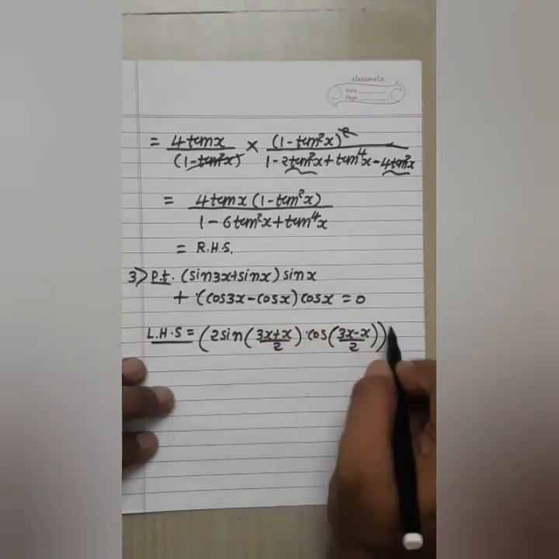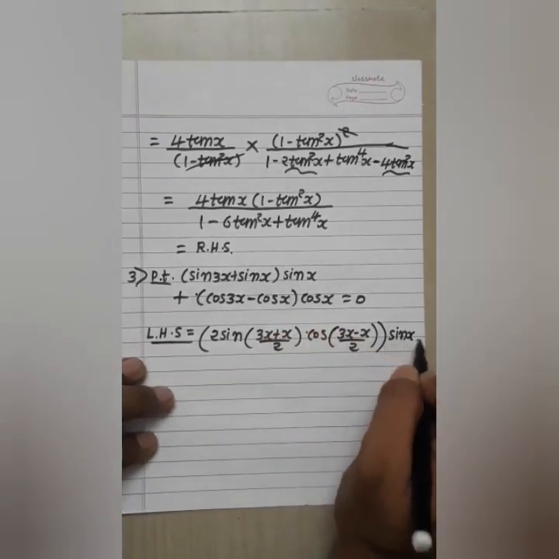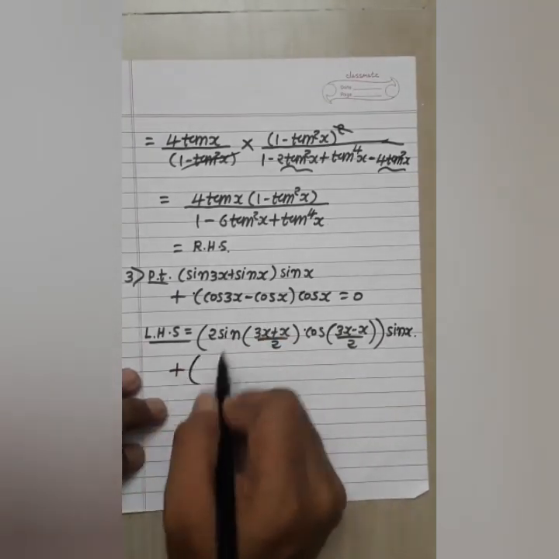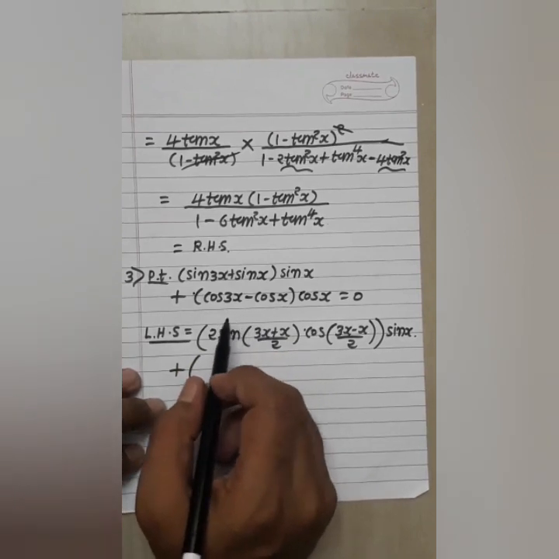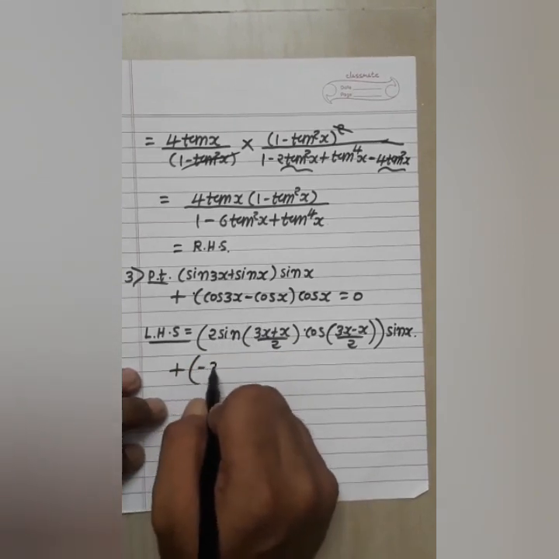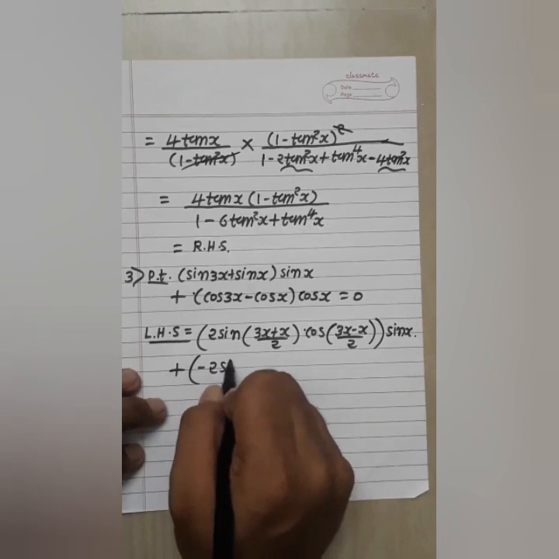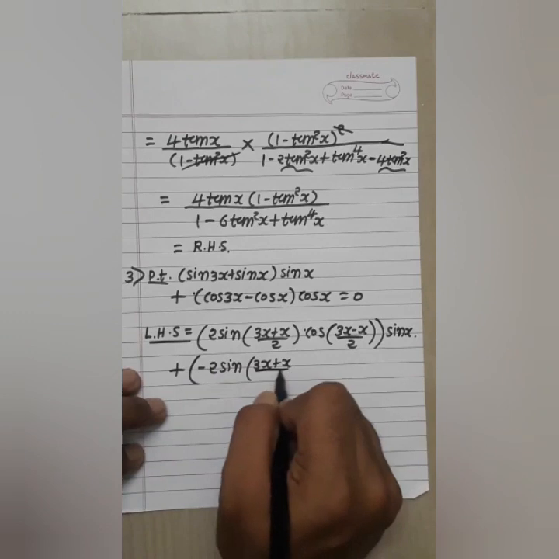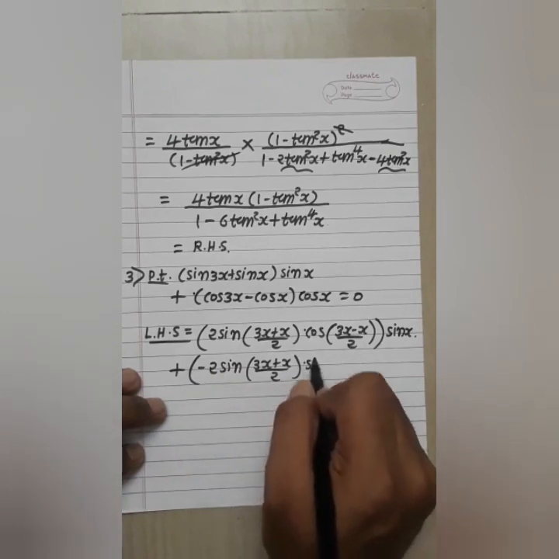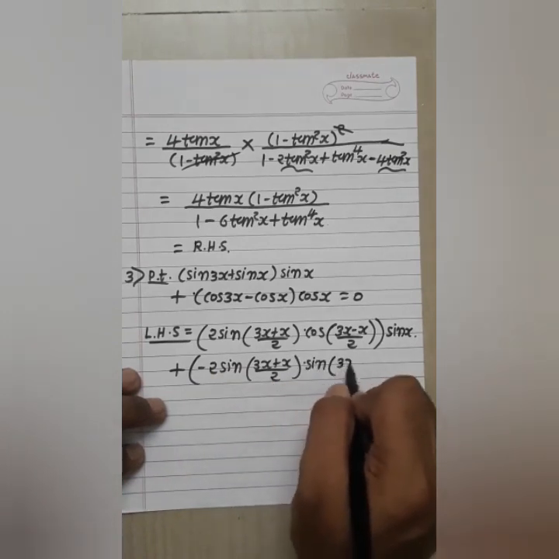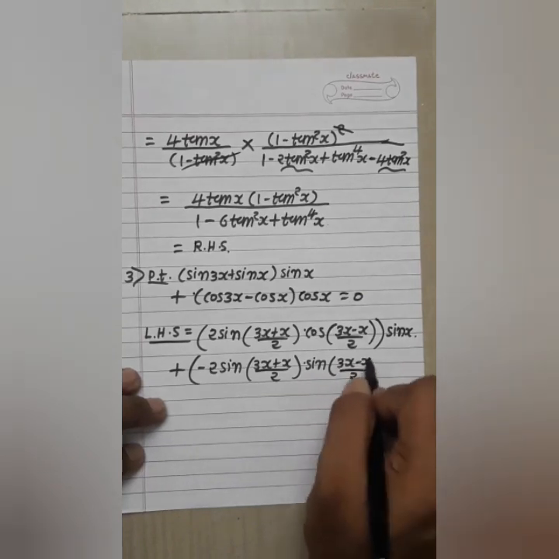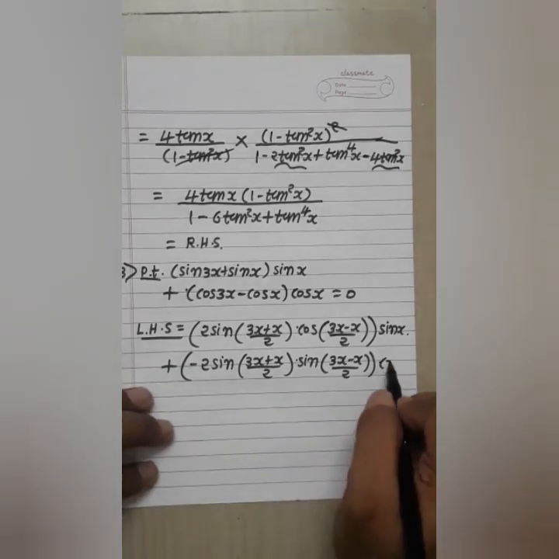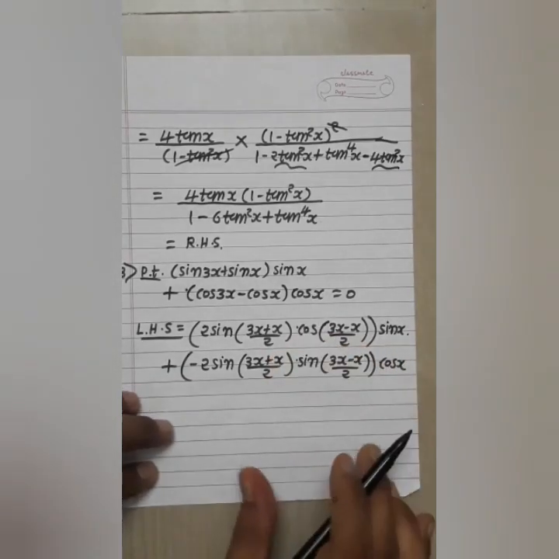Now in the second, cos C minus cos D, that means minus 2 sin C sin D. So here apply the identity minus 2 times sin into bracket (3x plus x) divided by 2 into sin bracket (3x minus x) divided by 2, bracket over cos x.